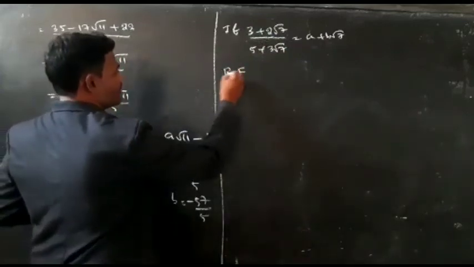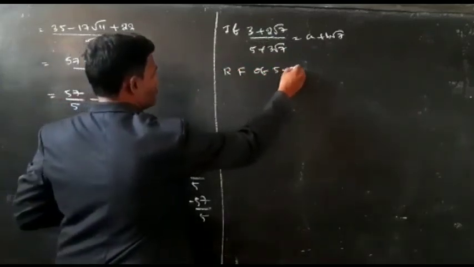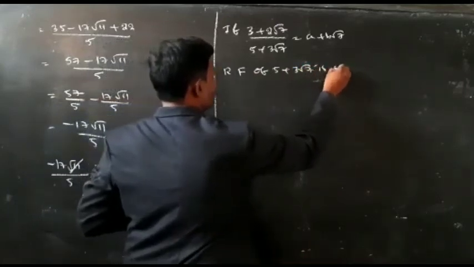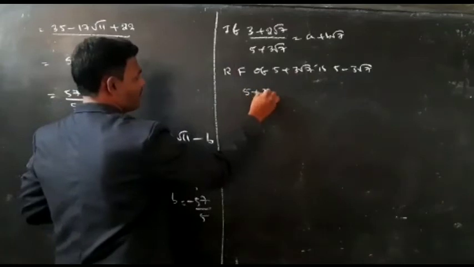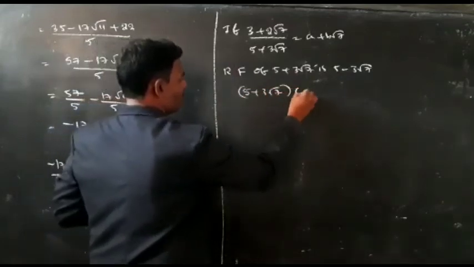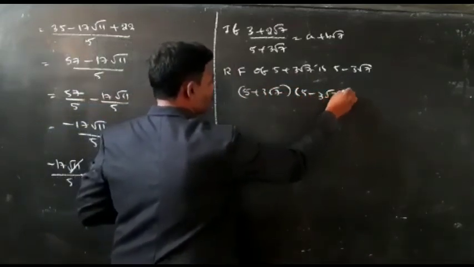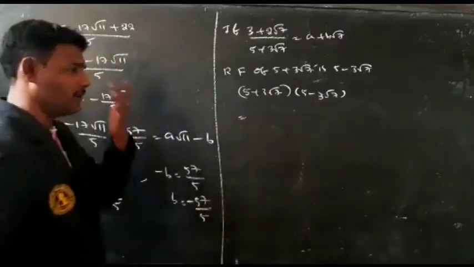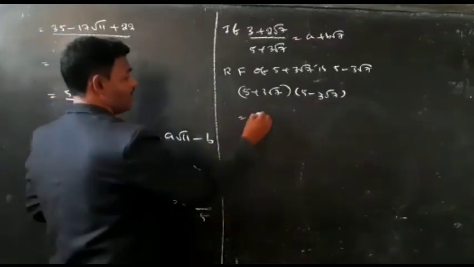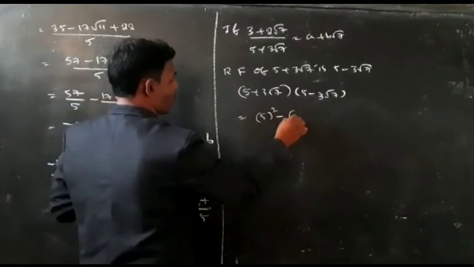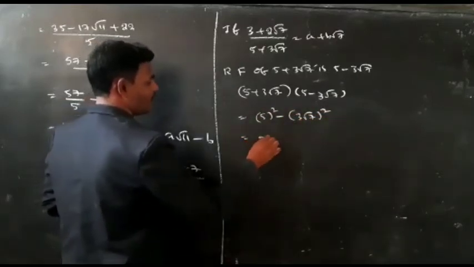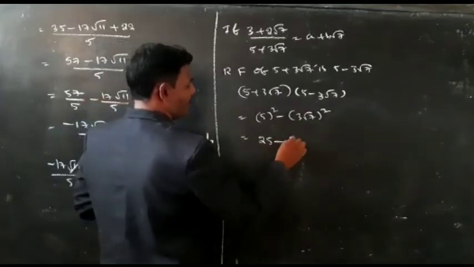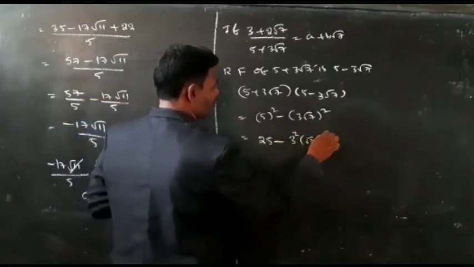The rationalizing factor of 5 plus 3 root 7 is 5 minus 3 root 7. Now multiply 5 plus 3 root 7 into 5 minus 3 root 7. It is in the form of a plus b into a minus b. a square means 5 whole square, minus b square means 3 root 7 whole square. So 5 square means 25, minus 3 square into root 7 whole square.